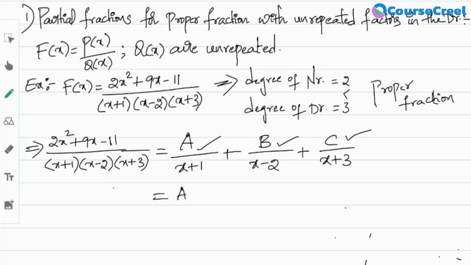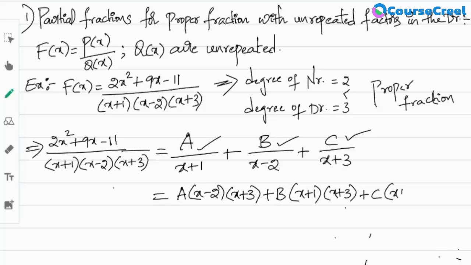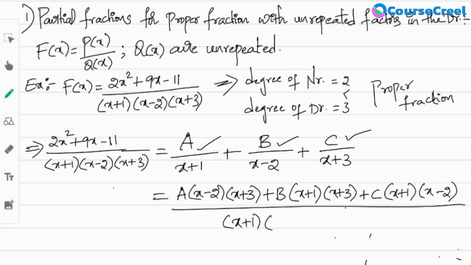Now expand this expression on the right side. That means add the individual partial fractions: a into x minus 2 into x plus 3 plus b into x plus 1 into x plus 3 plus c into x plus 1 into x minus 2, divided by x plus 1 into x minus 2 into x plus 3.